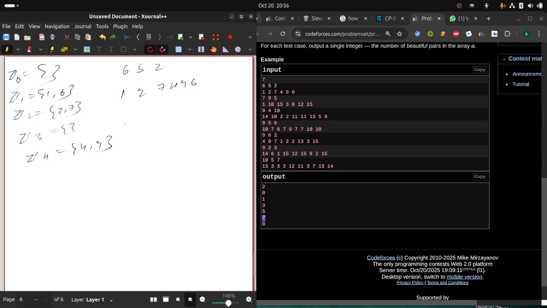Now, these are the groups. Let's say I need to take groups. I'll be iterating from i equal to 0 to i equal to m by 2, i plus plus. 5 by 2 is 2, so 0, 1, 2. So I'll be checking for class 0 with 5 minus 0 modulo, and 1 modulo with 5 minus 1 modulo, and then 2 modulo with 5 minus 2 modulo. And then the rest of the values will just go on repeating.